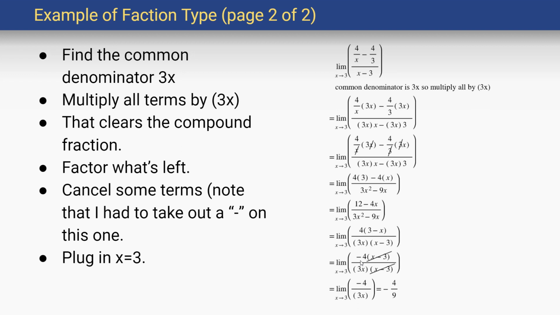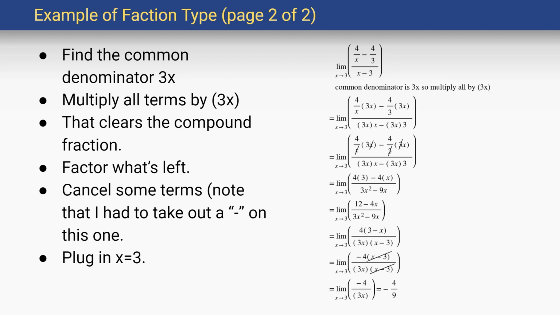Okay. In any case, once you do that canceling and you're at the point where you have negative 4 over 3x, nothing is stopping you from plugging in x equals 3 now, right? As soon as you do this canceling, you're able to plug in your x equals a because there's no divide by 0 issue.